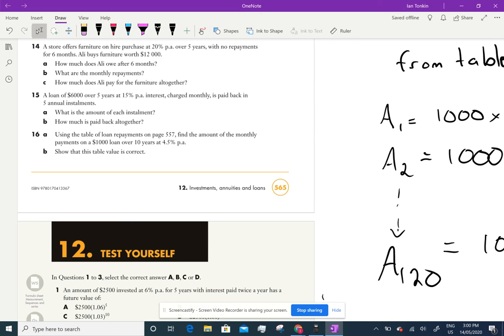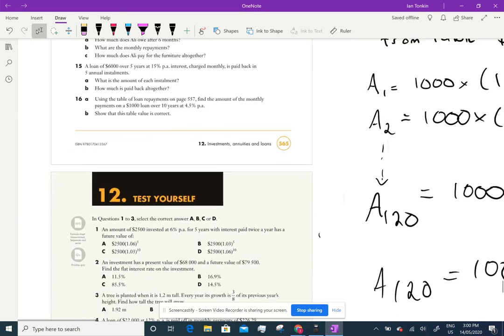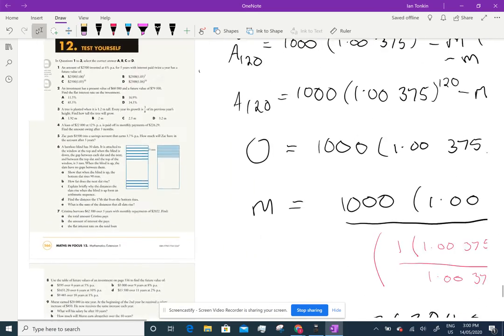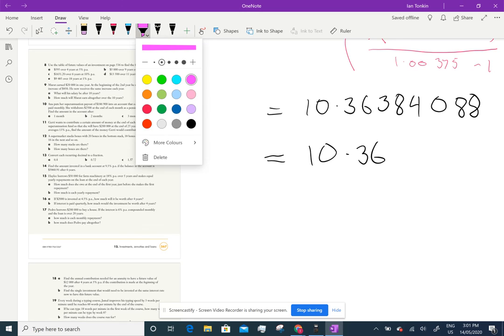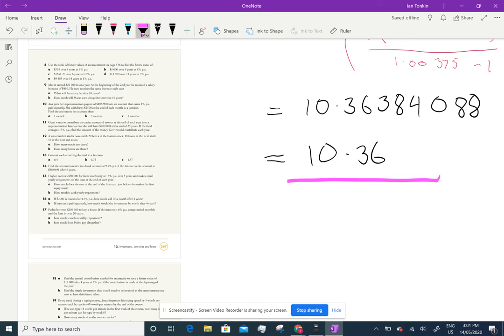Why have they done that? Show this value is correct. Why have they multiplied by 12? They must have decided they wanted a yearly amount. I don't understand why they've times by 12 in the worked solutions, but we've shown that the answer is correct because we've achieved the same result, which is 10.36. All right.